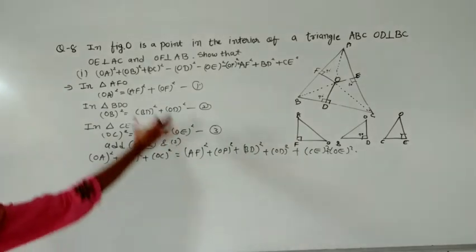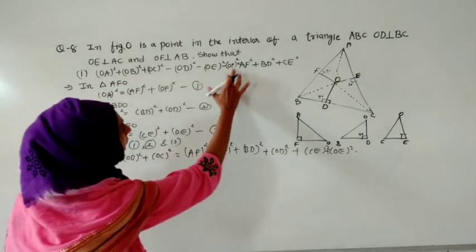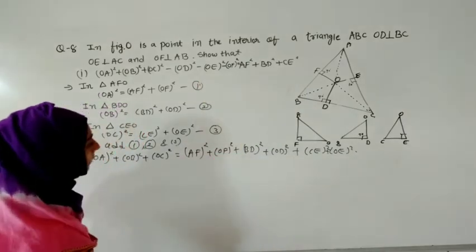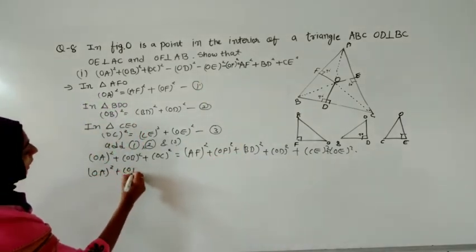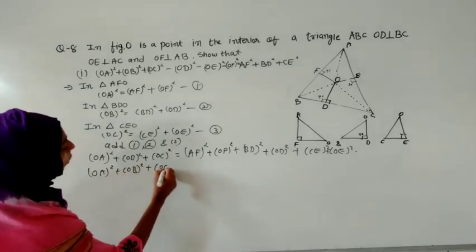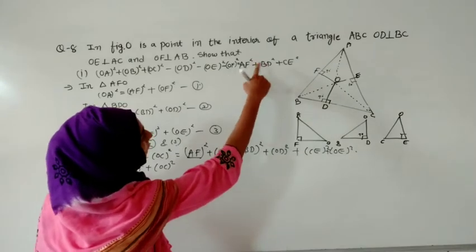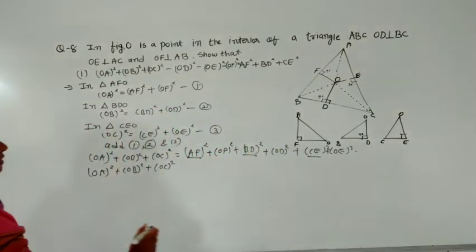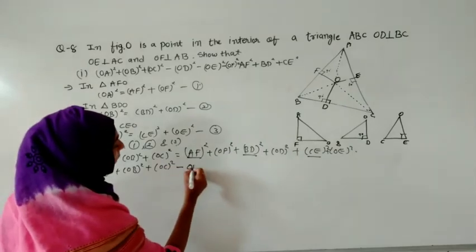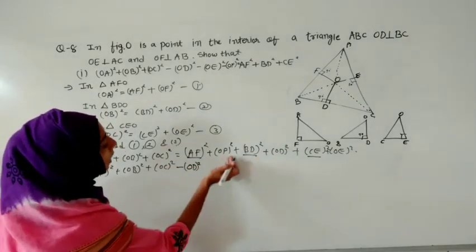So now we will see our answer. What we want is OA, OB, OC on one side and the rest on the other side. Here we are keeping OA whole square as it is, OB whole square as it is, and OC whole square as it is. We will keep AF here because we want BD over here and CE over here. So the rest we have to shift: minus OD square, it will change its sign, minus OF square, and minus OE square.